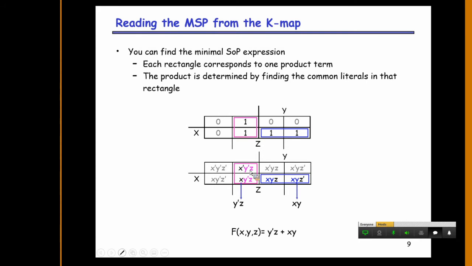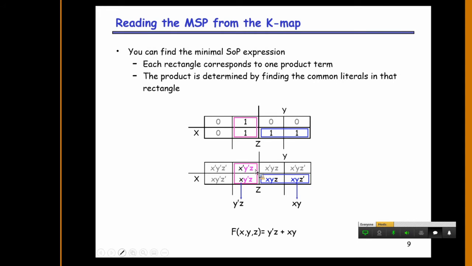Whereas if I check the binary cells of M1 and M2, check x bar: x bar is common because they are in the same row. But y is y bar in the M1 cell, and in the M2 cell it is y.